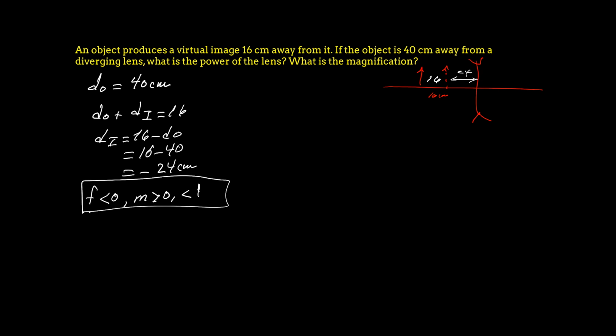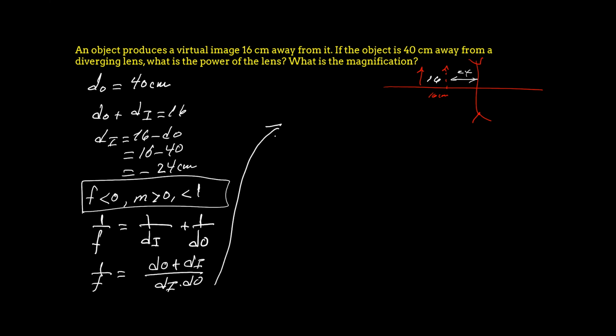So let's first get F. Thin lens equation: 1 over F is 1 over D_I plus 1 over D_O. The usual technique, then flip: F equals D_I times D_O over D_I plus D_O.